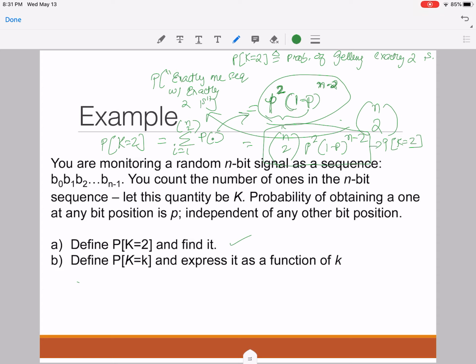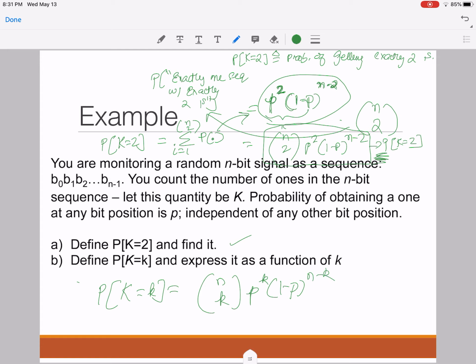Now define probability of k equals small k and express it as a function of k. As a definition, probability of k equals k tells me the probability that there are exactly small k ones in an n-bit sequence. I can generalize the equation and write the probability that k equals small k as n choose k times p to the k times 1 minus p to the n minus k.